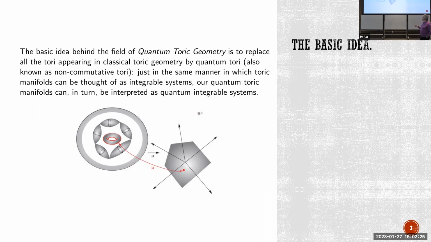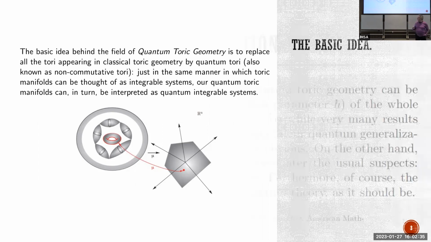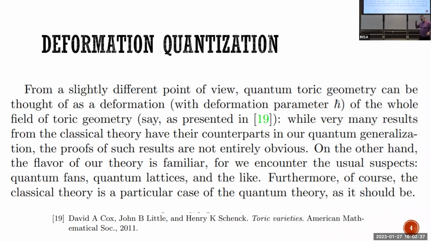So now the tori here that you see will become quantum tori, non-commutative spaces. From a slightly different point of view, though, we can keep track of the parameter of the deformation. So we could have started with an ordinary toric variety, made of tori, and we start deforming it with the deformation parameter, Planck's constant, except that now it's not just one number, but a vector.